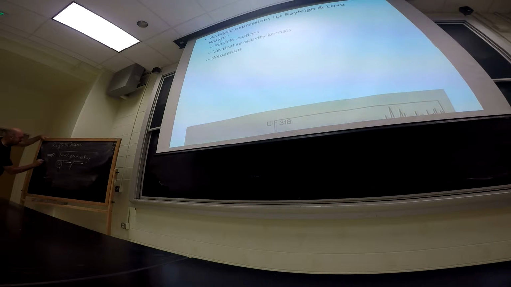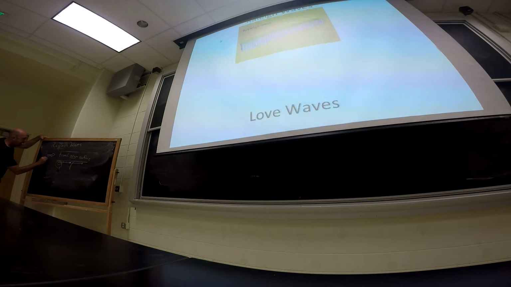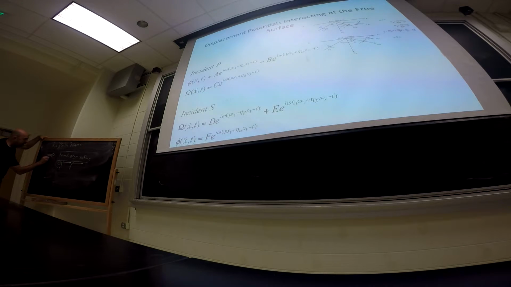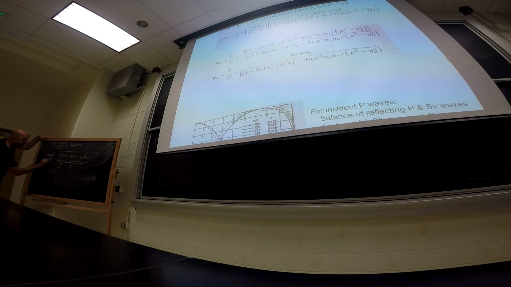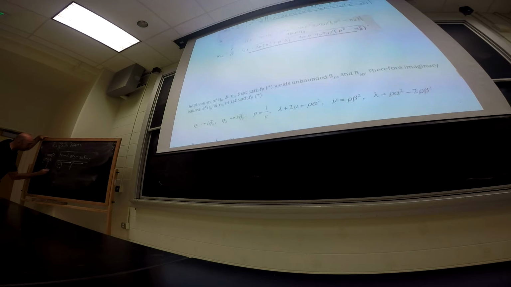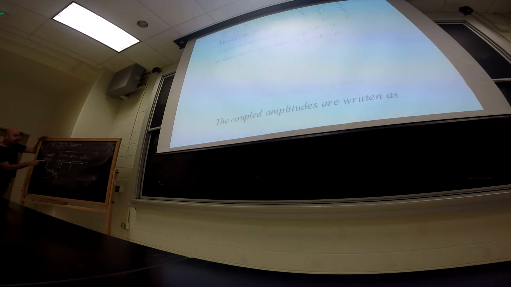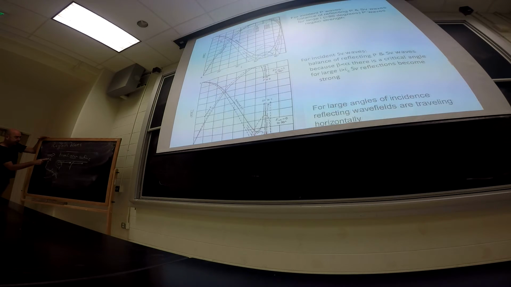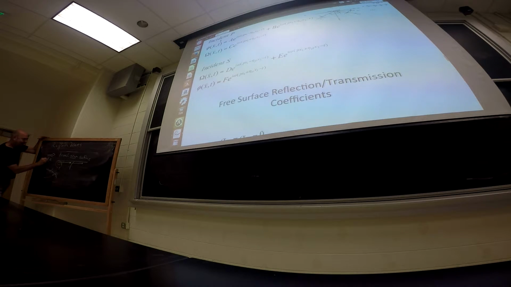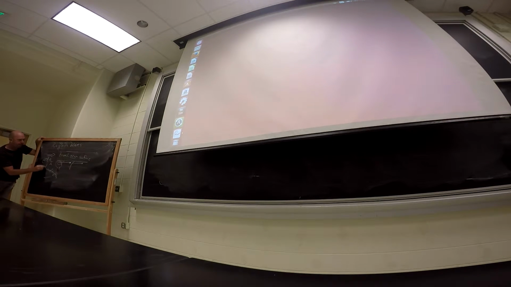And it drops as e to the minus z over the wavelength, which is to say, for a fixed z, if the wavelength is really large, this exponential approaches 1.